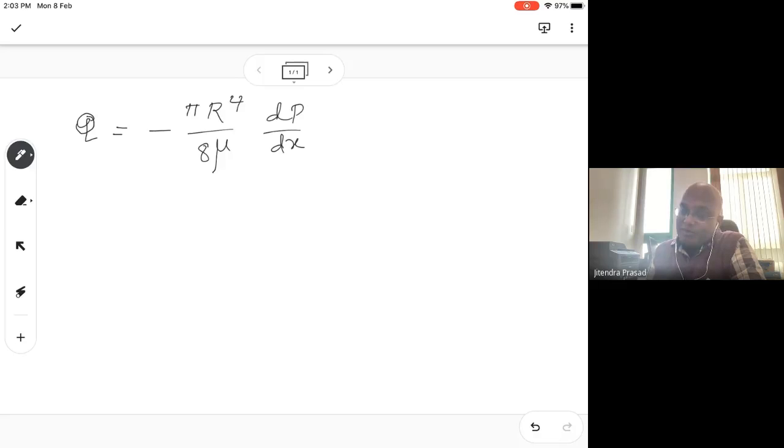Regardless of how it is written, you have to understand the physics. Let's say we take a pipe like this one.